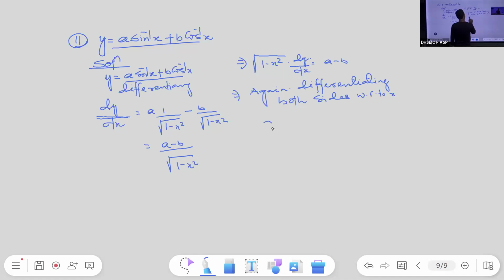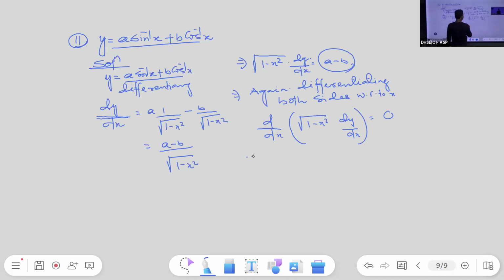So d upon dx of under root 1 minus x square into dy upon dx equals derivative of a minus b. A and b are constants, so derivative of constant is 0.